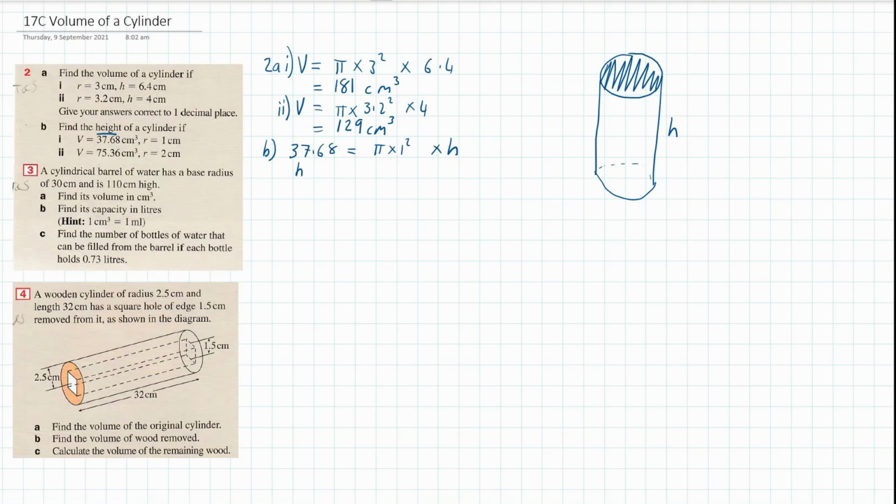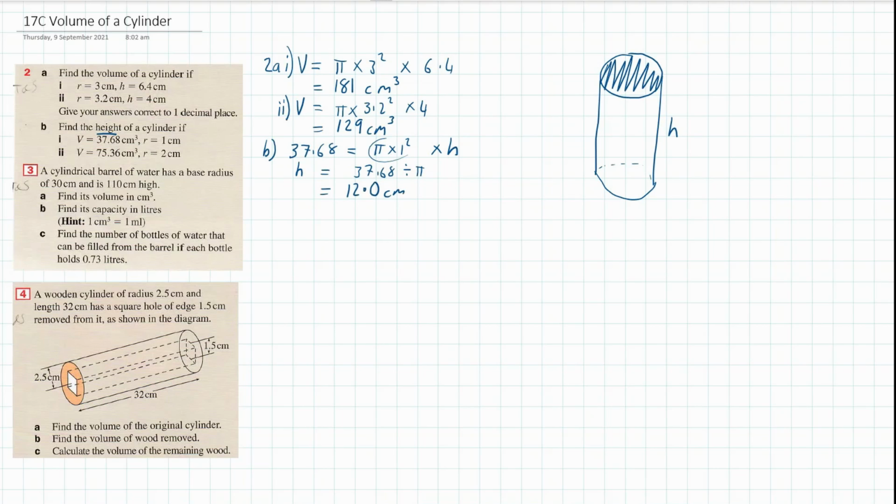To get height by itself, that's 1 pi, so we go 37.68 divided by pi. That gives me 11.99, or to three significant figures, 12.0 centimeters is my height.